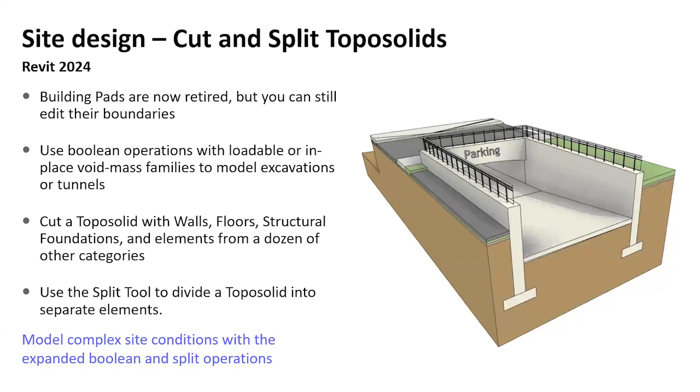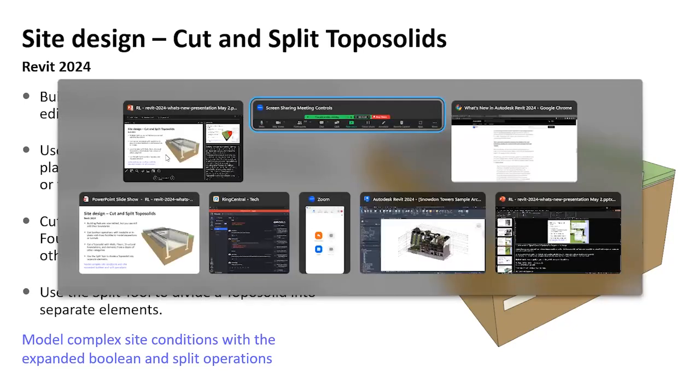So we can create tunnels, we can create usable spaces underneath our topo surfaces. We had workarounds in the past, but these are so much easier to work with. One of the things that you'll see when you start working with these TopoSolids is our ability to cut and subtract. So let me jump over and show you what I have.